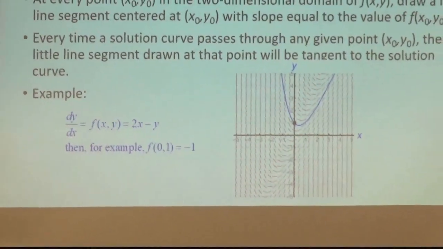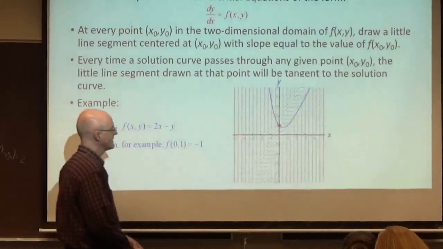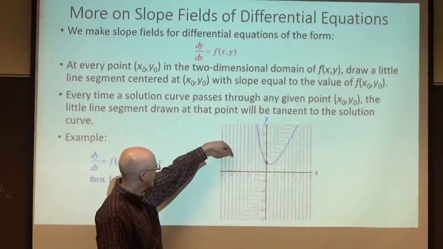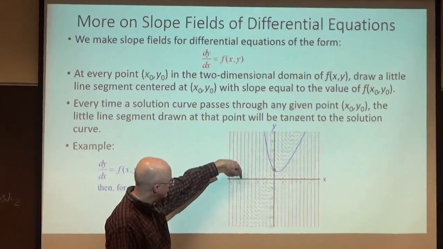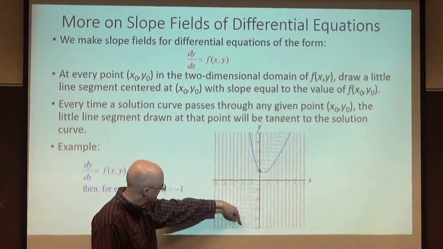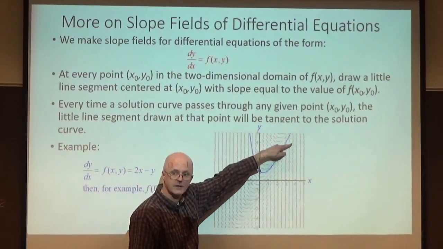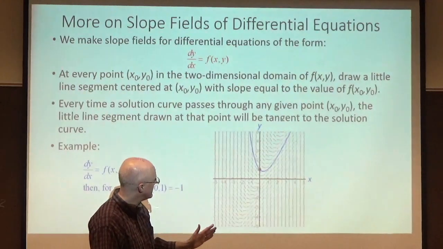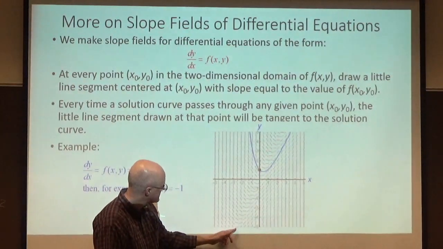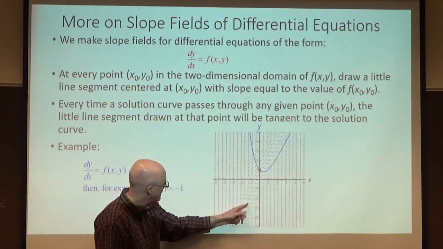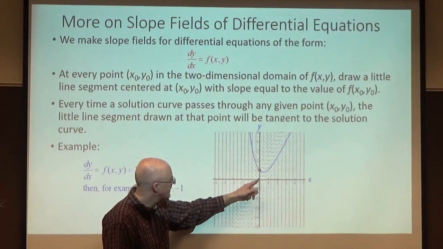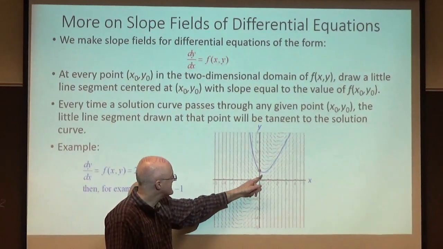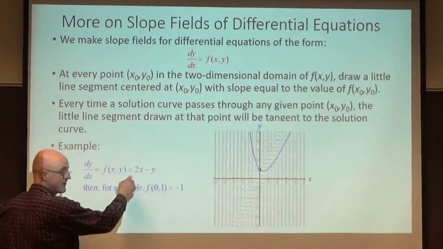What do other solution curves look like here? Again, follow the slope field. We've got one that starts over here, say, it's got to go down this way, and then you do something about like this before going back up over here. Something interesting to note here is there are a bunch of line segments that have a slope of 0. Here, here, here, here, here, etc. All those little line segments are centered where this is 0.